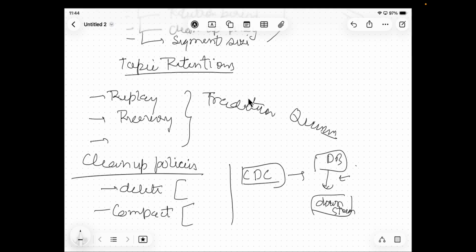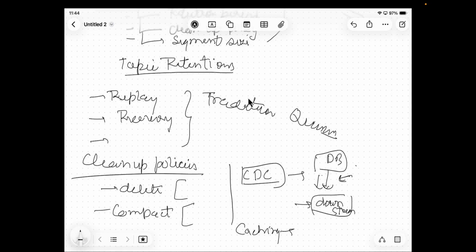No, whatever last value is updated, that is what it is going to send. And this is the pipeline which is based on the bin logs or based on the event types, like create, update or delete. This log gets generated and pushed to the downstream systems. In the same way, caching systems. In caching, what happens? It always caches the latest value. Okay. So this is one example where we can understand what the cleanup policy is.